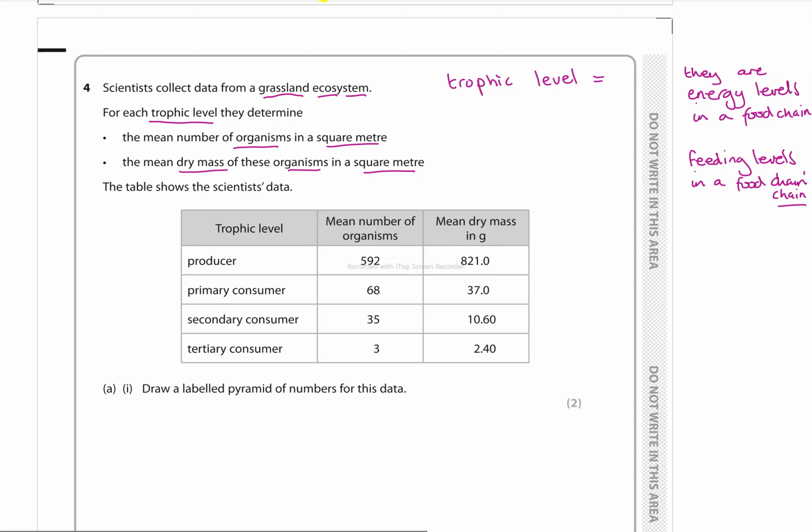Now, the next thing we want to quickly look at is ecosystem, because these definitions do come up. They might ask you.